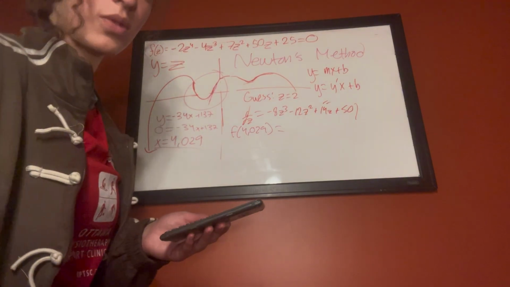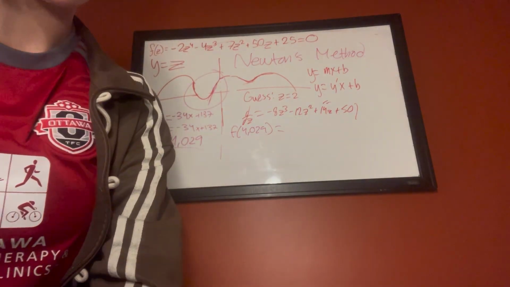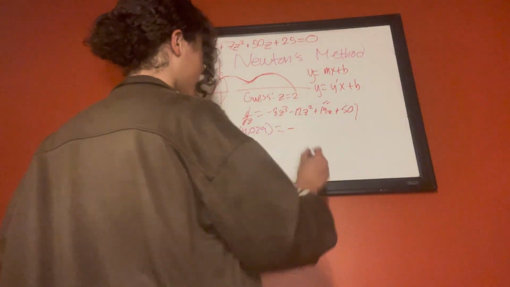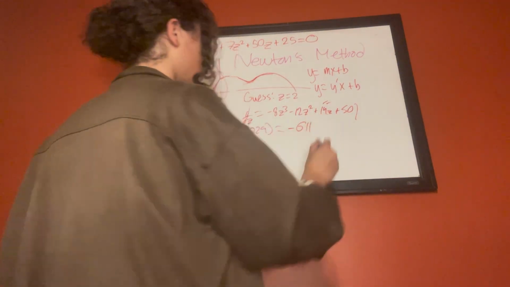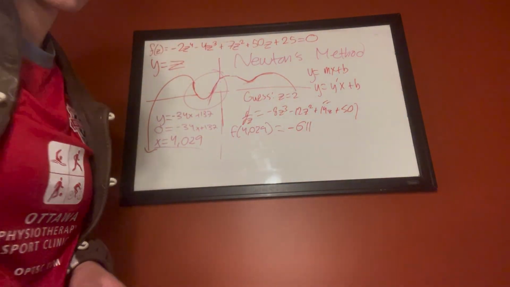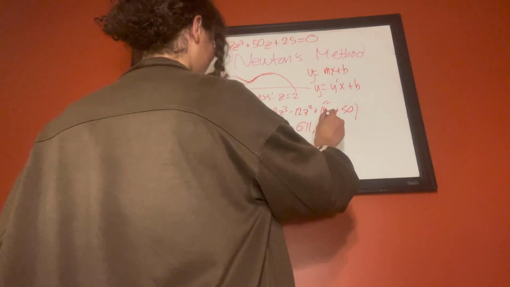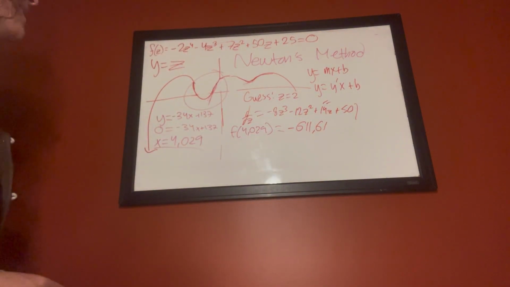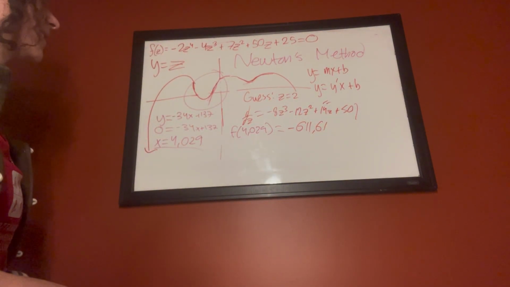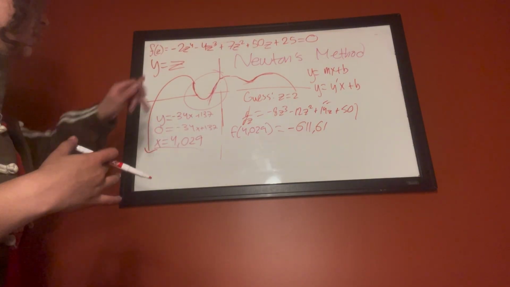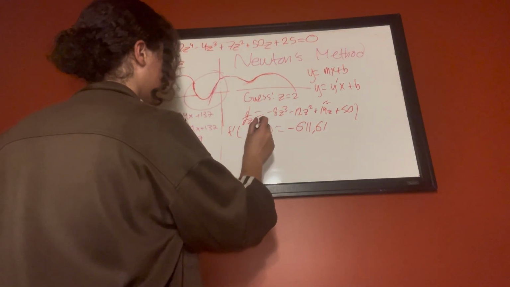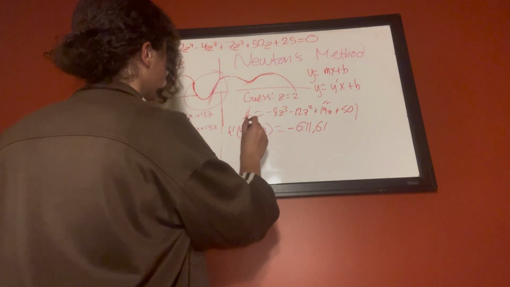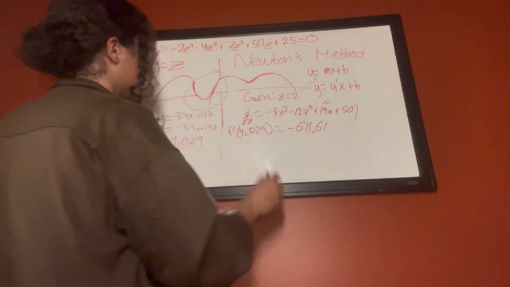Ooh, hopefully this is, I got minus, oh my goodness, minus 611.61. I don't know about this, guys. Oh my goodness. That's not even the thing. This is f prime, not f. You guys probably already realized that, but yeah. f prime of 4.029, that's what I was calculating.